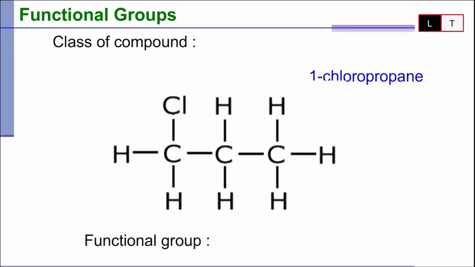Next, kita ada 1-chloropropane. Ini adalah kita punya bentuk 1-chloropropane. So, ini carbon pertama, carbon kedua, carbon ketiga. Sebab tu 1 untuk Cl yang berada di position carbon pertama. Okay, for this part, class of compound for this one adalah haloalkane kerana kita ada halogen yang attach kepada alkane. So, tadi alkane kan kita belajar dia ada carbon dengan hydrogen single bond.